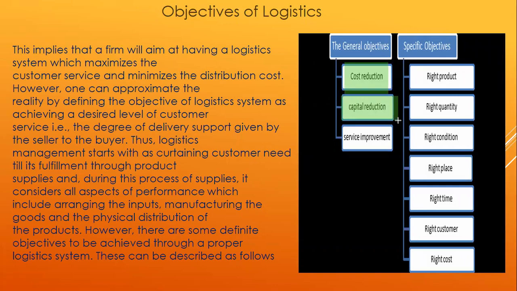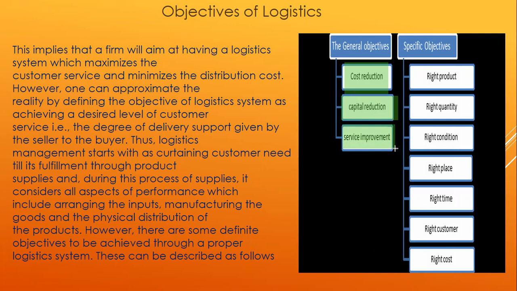Capital is the warehousing and other activities, and transport trucks. You need to understand the basic requirement, then arrange the capital. Then service improvement, this is also important. The service needs to improve day by day at the level of competition.